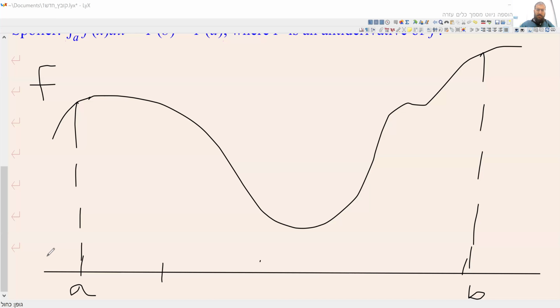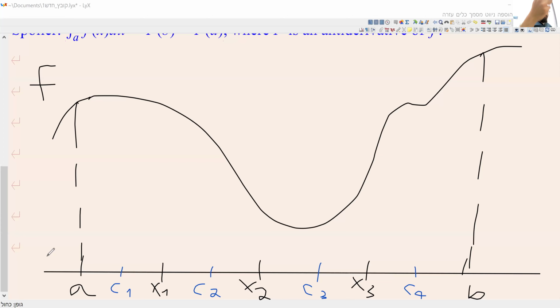We can choose some points along the segment. Let's call them x1, x2, x3. They define the bases of the rectangles. Secondly, we need to choose, let's have another color, some points in the subsegments.